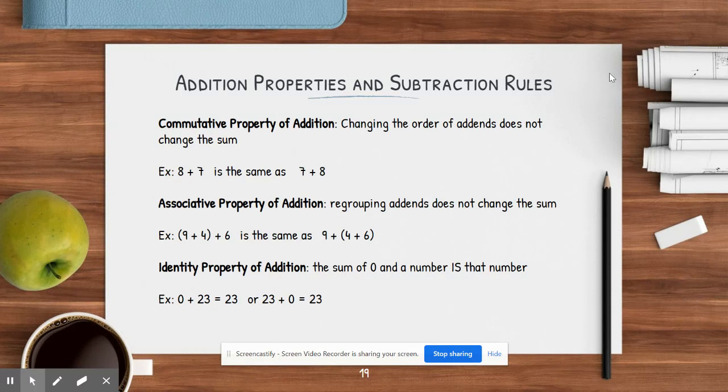And she related that in her brain to the letter A, which is what starts the associative property. The letter A is the first letter of the alphabet. So in her brain, she says, I can remember that associative goes with the parentheses because parentheses is what we do first, and A is the first letter of the alphabet. That's how it works for her.